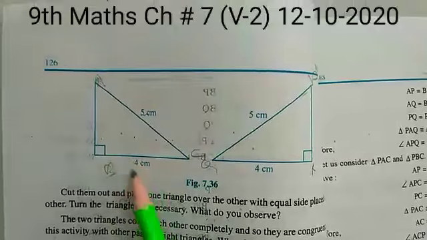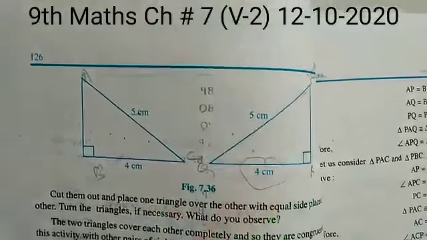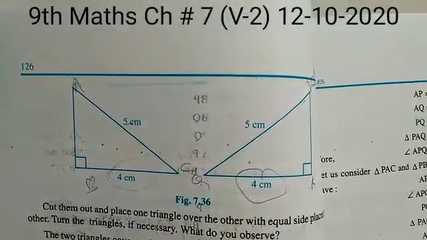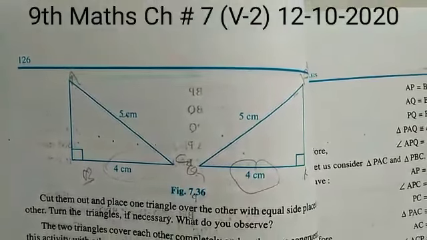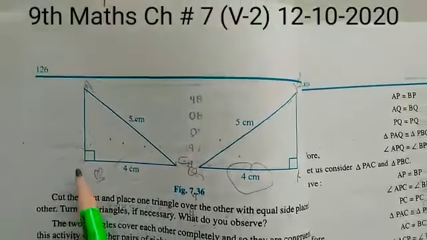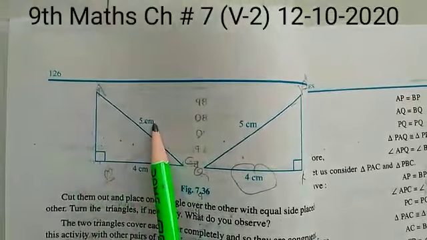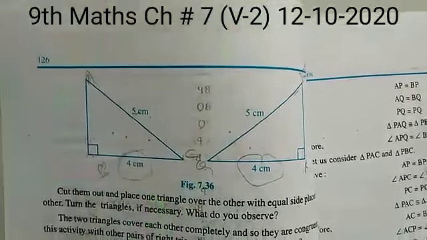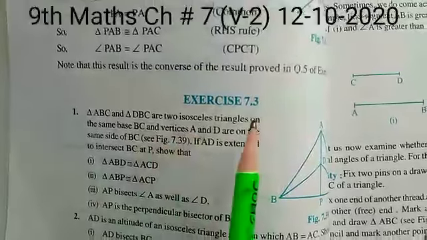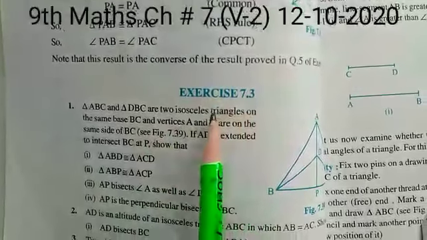And one of the sides, that is 4 centimeter and 4 centimeter, are also equal. So these both triangles are congruent by the RHS congruence rule, that is the right angle of 90 degrees, the hypotenuse, and one of the sides are equal. Exercise 7.3 is also cancelled, so we'll go ahead.